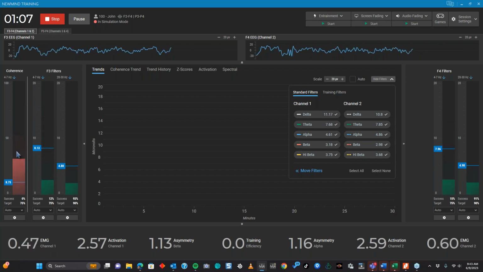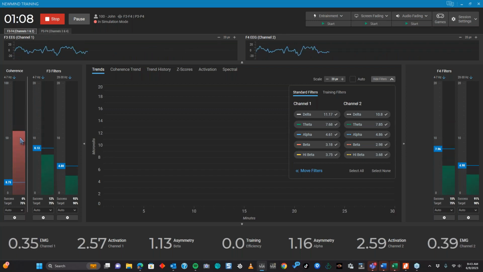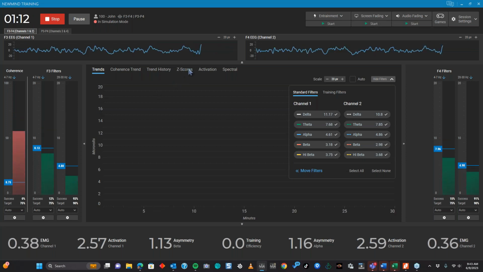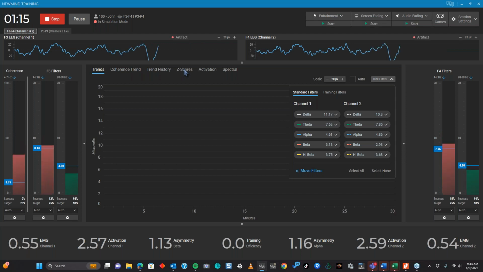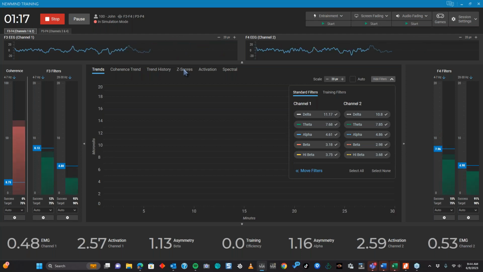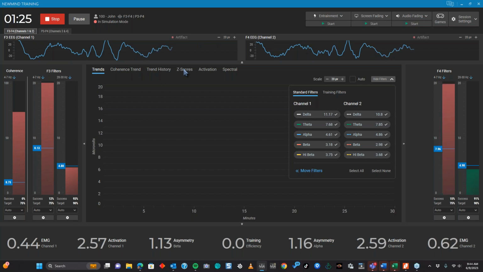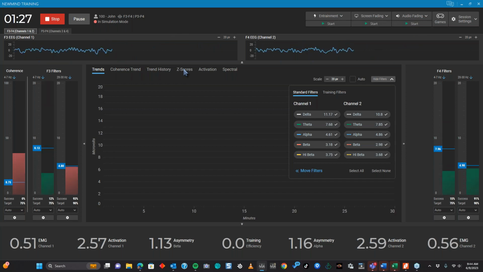Now, a lot of you that are new, especially the people that have gone through training with me, when we talk about these training screens, I generally make the comment that, to me, the z-score screen on a standard 2-channel, 1-channel protocol doesn't really do me a lot of good.